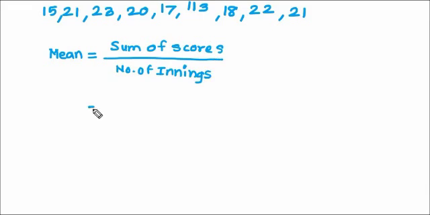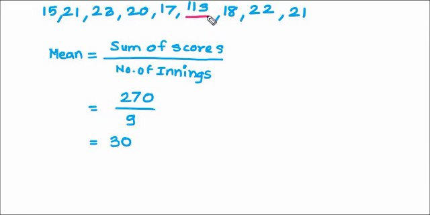Now here, if I do the sum comes to 270 and number of innings are 9 and hence the mean is 30.